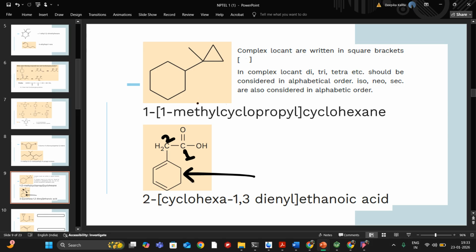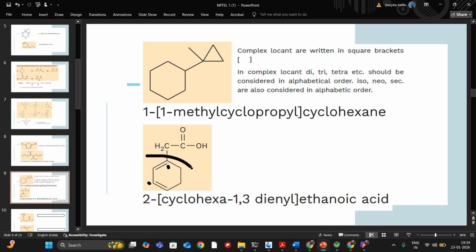So like we solved naming of the earlier compound, here also we will solve the name of the substituent first. The substituent present at carbon number 2 will be named as cyclohexa-1,3-diene.